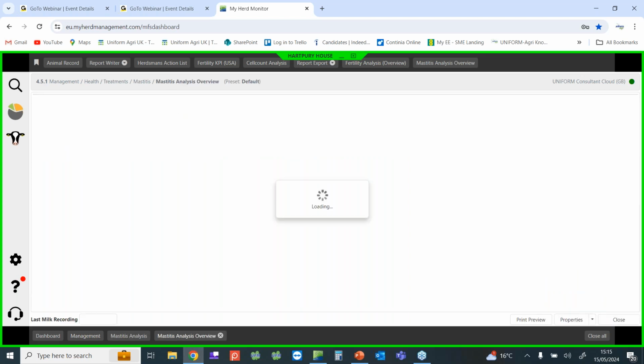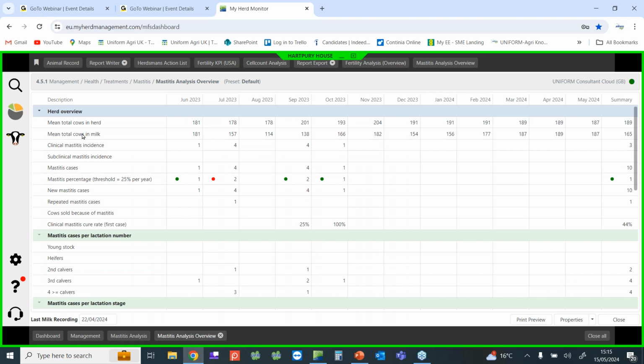So this is only on the cloud, and it's bringing together a bit more of the mastitis and the cell count information combined. So by month, we can see how many cases of mastitis are occurring, what types of cases they are. We've got a threshold for how many we should be expecting or are acceptable levels each month.